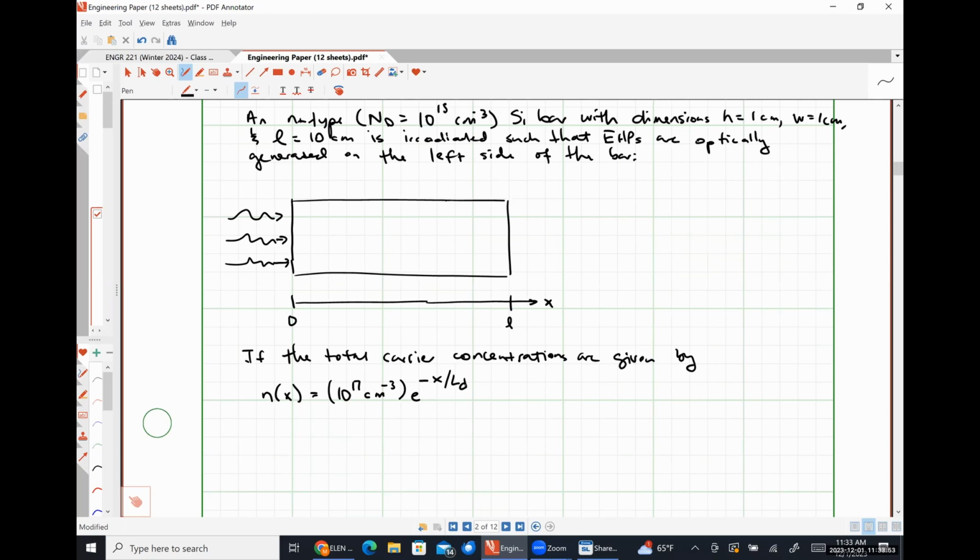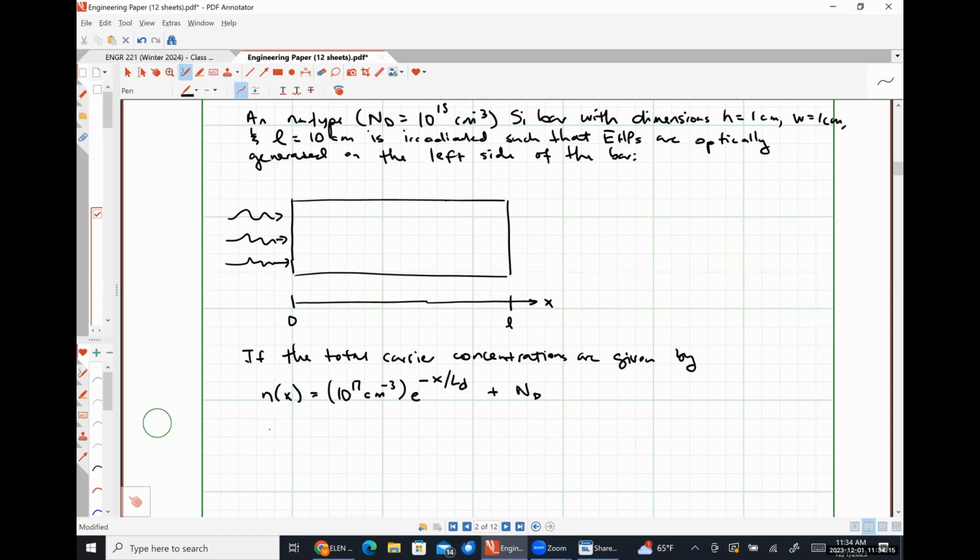It's related to mean free path and all that kind of good stuff that you will probably talk about in 334, and we'll talk about more in this class when we get into junctions specifically. Plus our donor concentration.